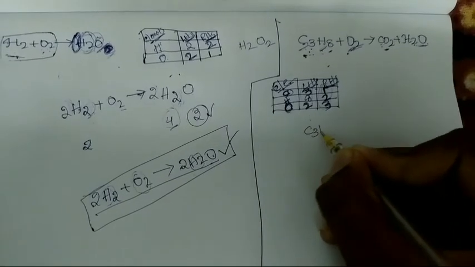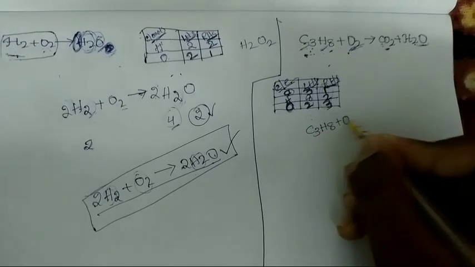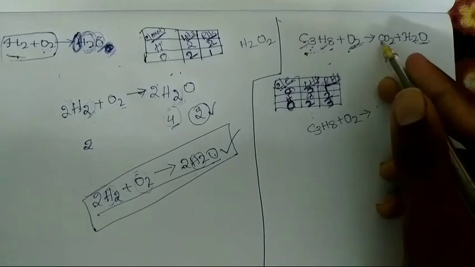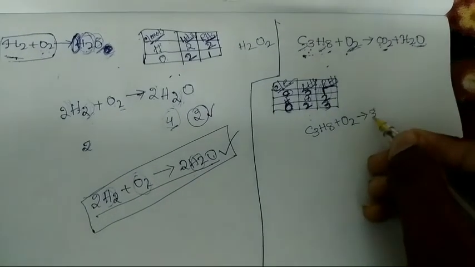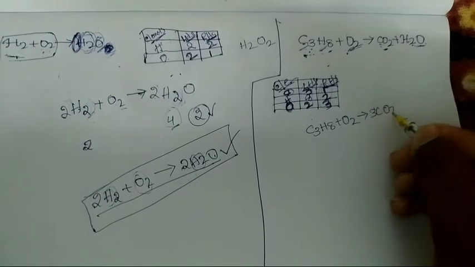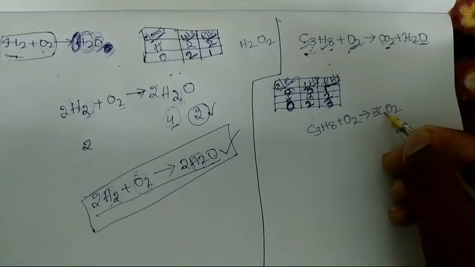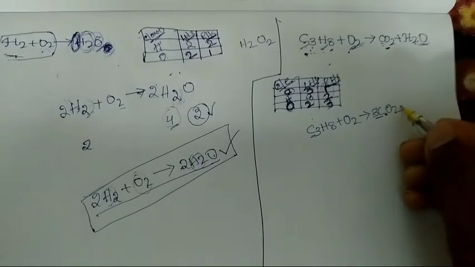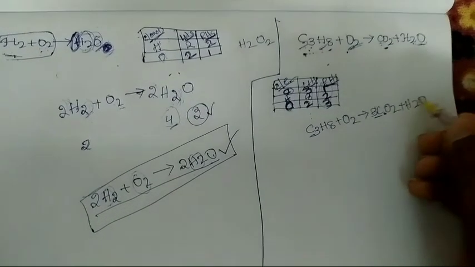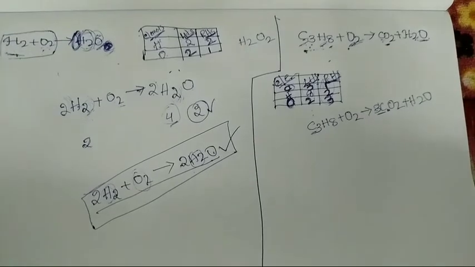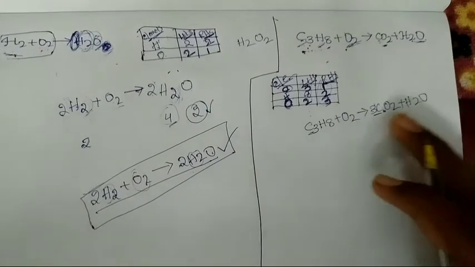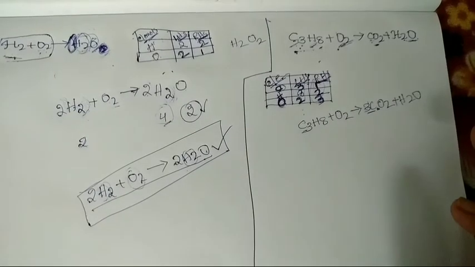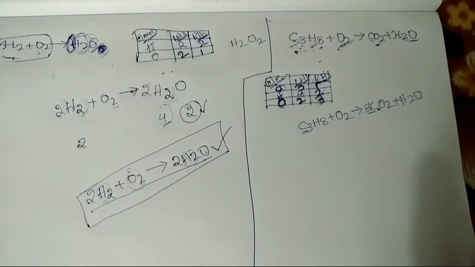So C3H8 plus O2 gives rise to, here we can write 3CO2, which means 3 into 1, 3 carbons, here 3 carbons, plus H2O. I think these carbons are balanced perfectly.